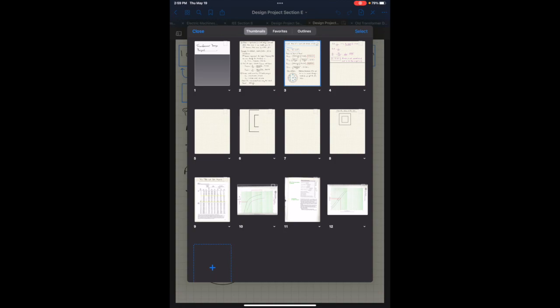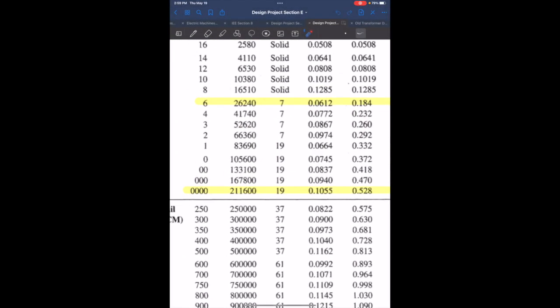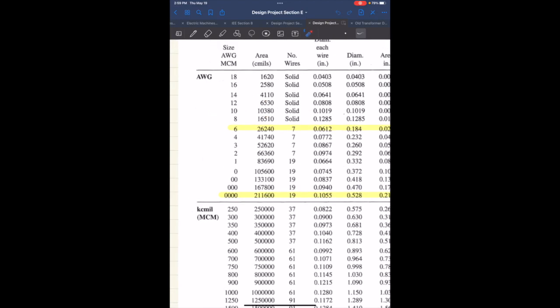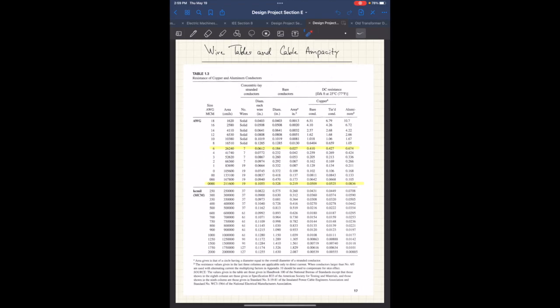We have 167,800, but we don't have 191. The next highest one is this one, so we'll choose that one. It has 19 strands, and each strand is 0.1055. Remember that we need it to be less than 0.123, so we're good. Those are going to be the conductors that we choose.